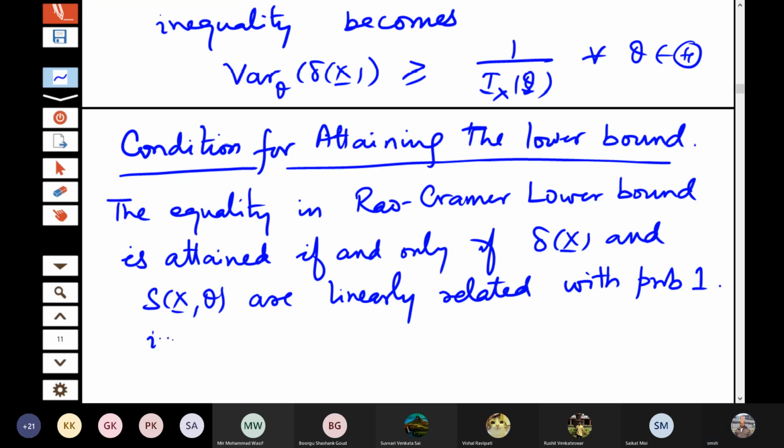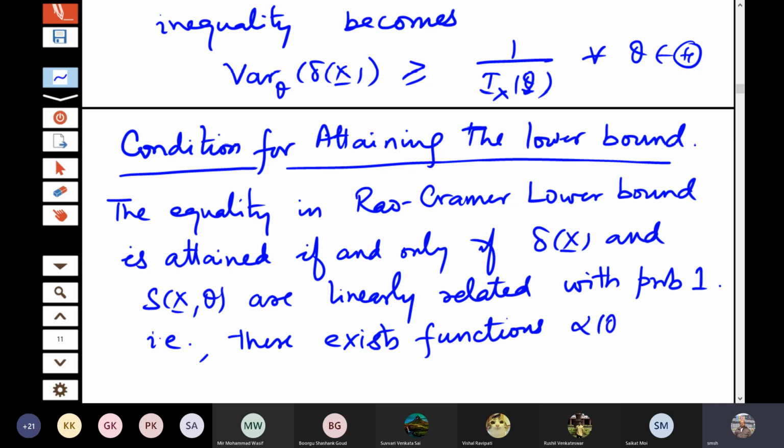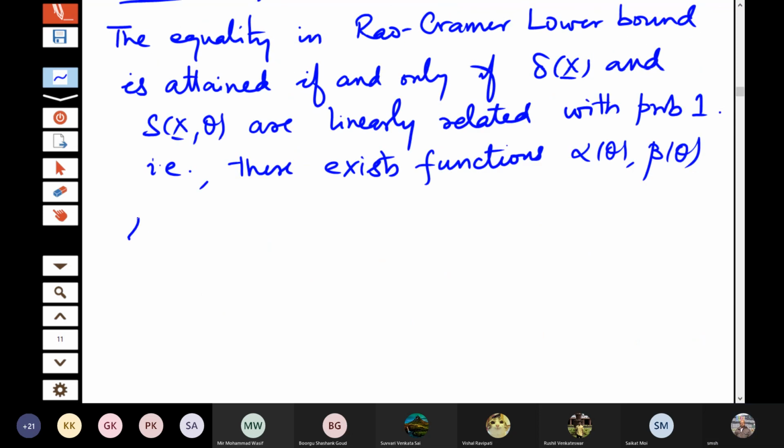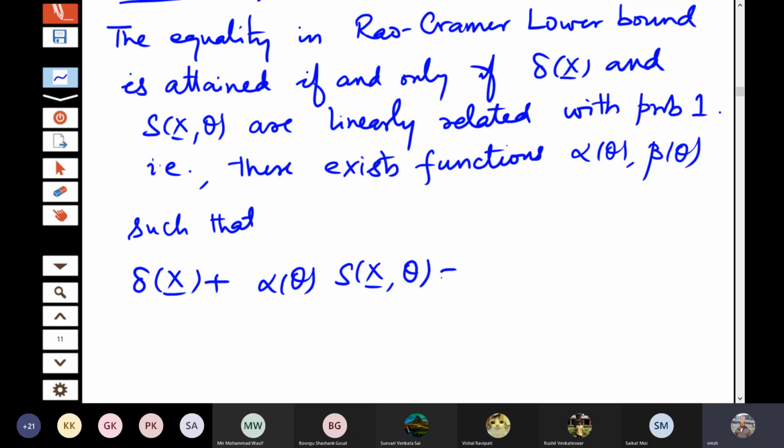That is, there exist some functions. Let me give some names here. Suppose I say alpha theta, beta theta, such that delta x plus alpha theta Sx theta is equal to beta theta with probability 1.